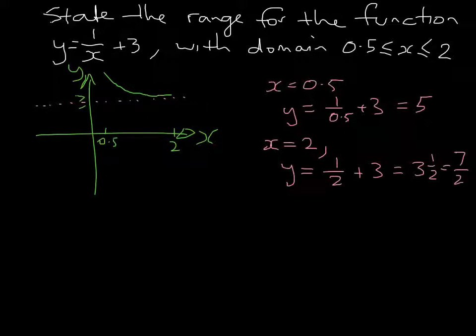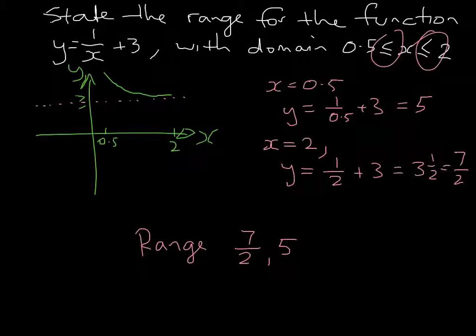So that tells us that the range for this particular function will be going from 7 over 2 all the way up to 5. If we look at the question, we have the equals component for both of those, so we're going to use some square brackets here. And that's the answer to that question.